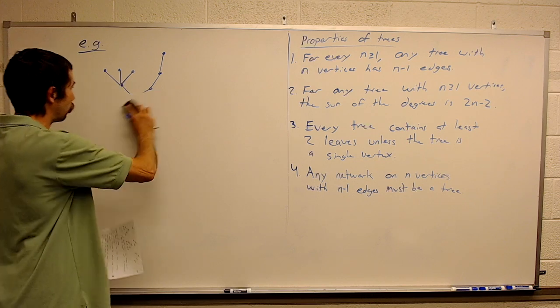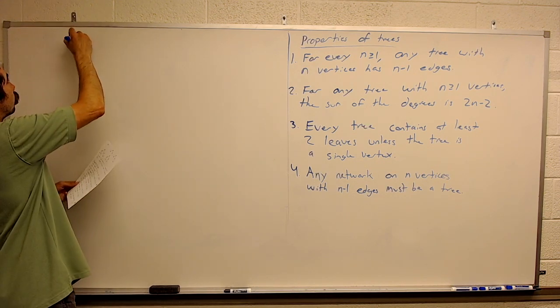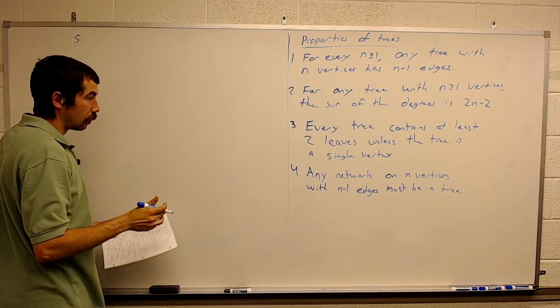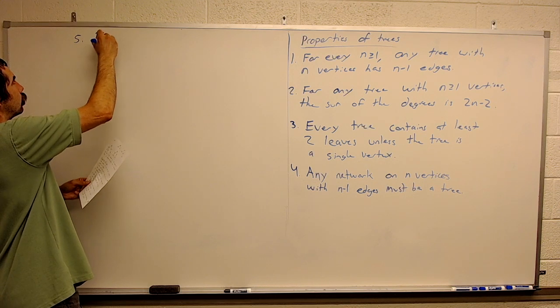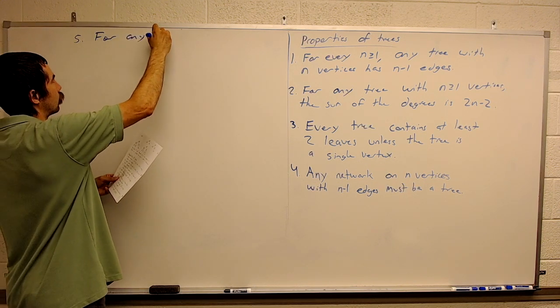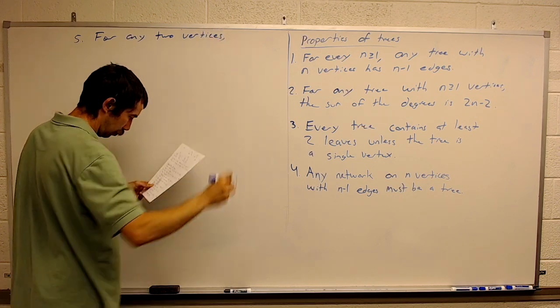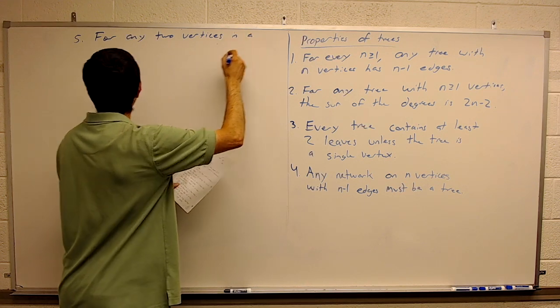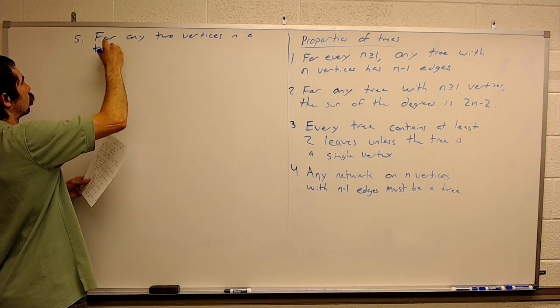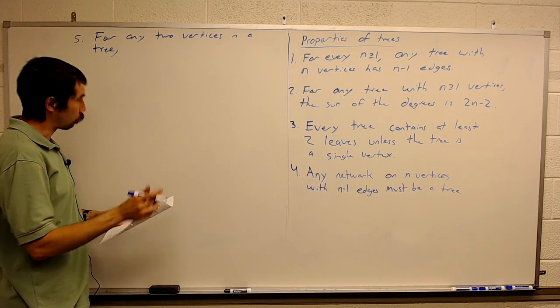Just a few more. Number 5 says, for any 2 vertices in a tree, there is a unique path between them.